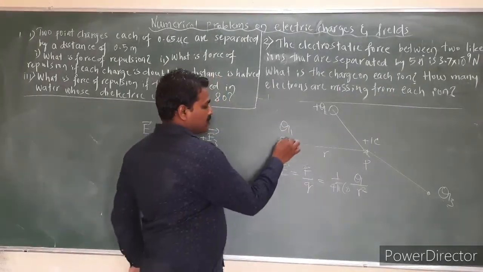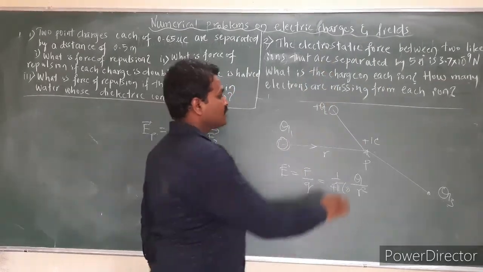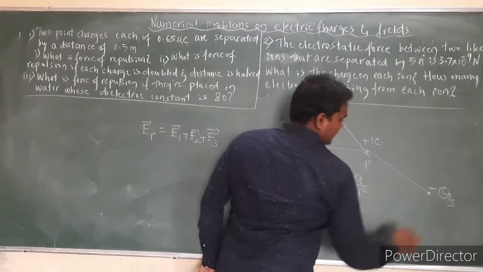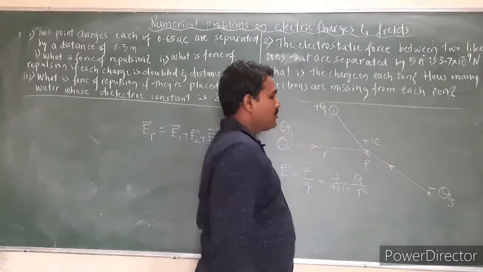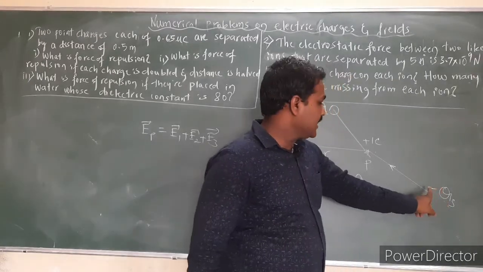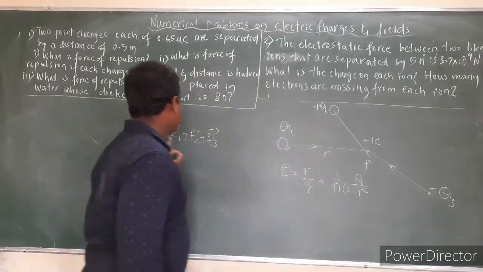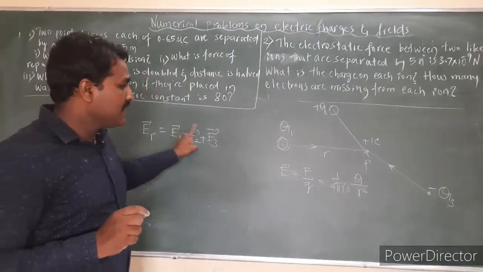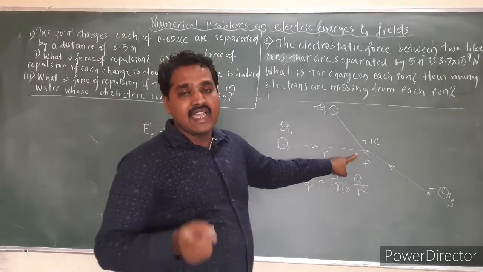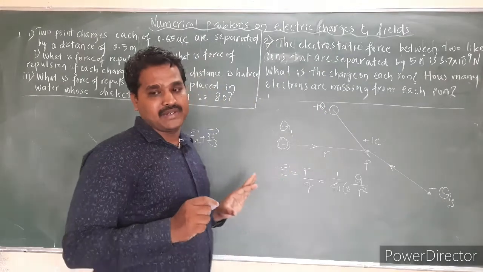If the source charge is positive, the electric field will be moving outwards. If the source charge is negative, let us say Q3 is negative here, the electric field because of charge Q3 will be moving towards the test charge here. Okay, so this is the application of the principle of superposition for calculating the net electric field intensity at any point for a given system of source charges.